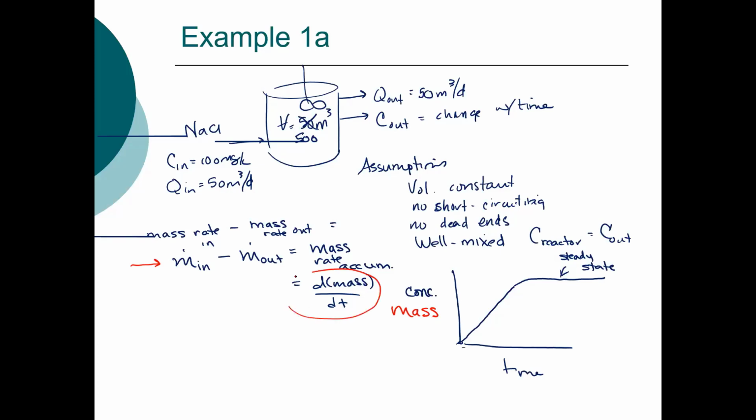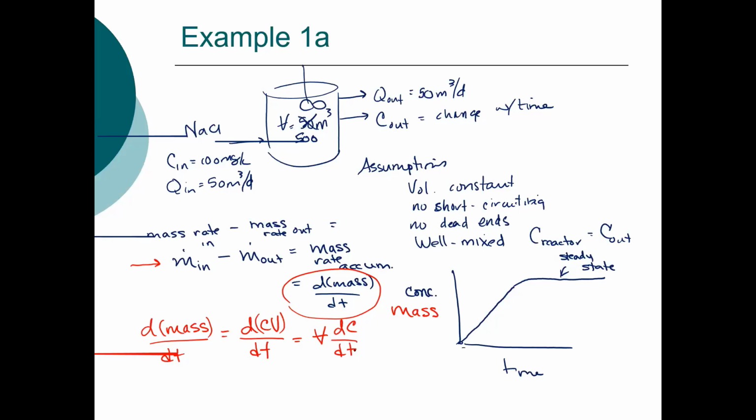So we have here the change in mass, exactly, because volume is constant. Here, change in mass with respect to time is equal to d(CV)/dt. It's change in concentration times volume. And since volume is constant, we can factor out volume.